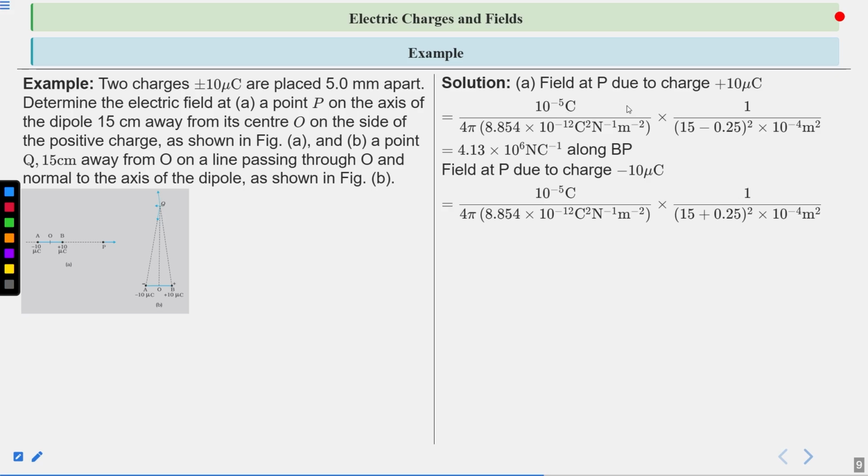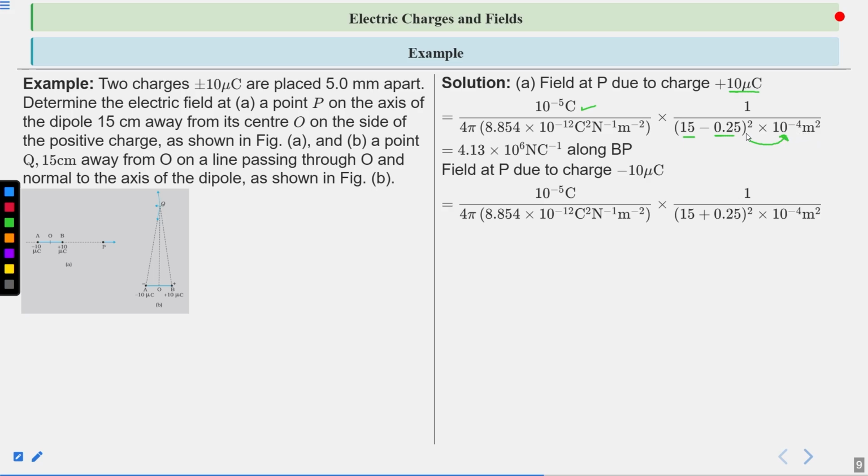So the electric field at point P due to the charge plus 10 microcoulomb: the charge is 10 raised to the power minus 5 coulomb, divided by 4 pi epsilon naught, where epsilon naught is 8.854 into 10 raised to the power minus 12 coulomb square per newton per meter square, into 1 upon the distance. The distance is (15 minus 0.25) whole square, converted into meter square by multiplying with 10 raised to the power minus 4.